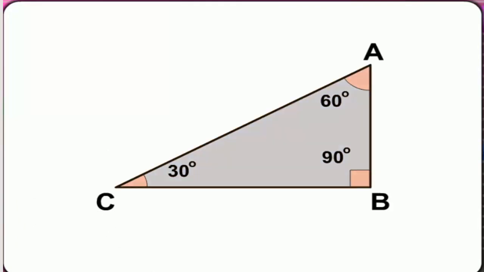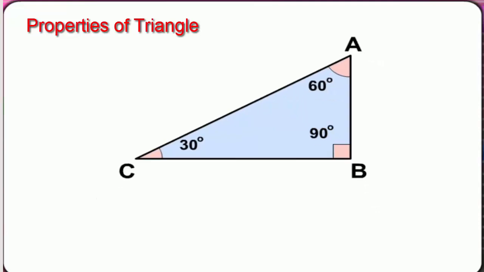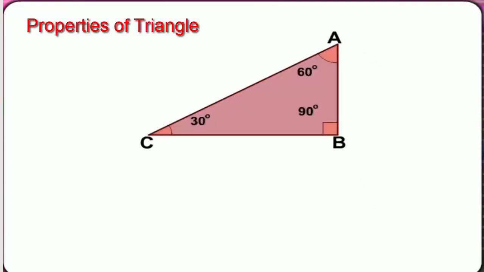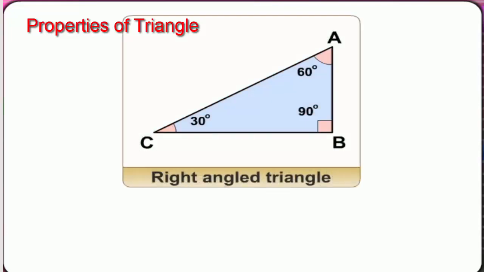So, in triangle ABC, angle A is equal to 60 degrees, angle B is equal to 90 degrees, and angle C is equal to 30 degrees. Here, the angle B measures 90 degrees. So, the triangle ABC is a right-angled triangle, isn't it?